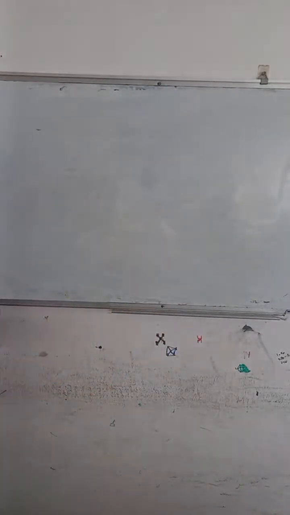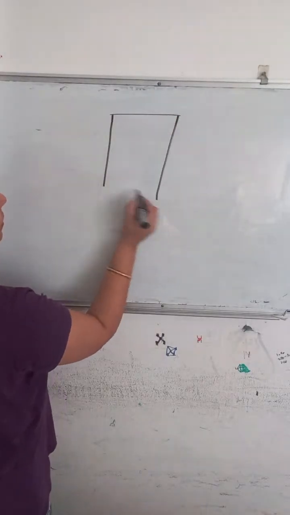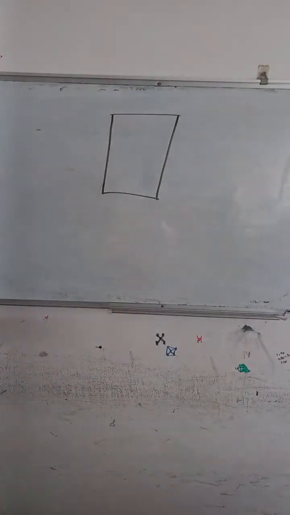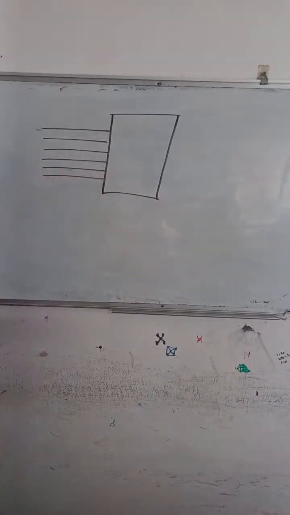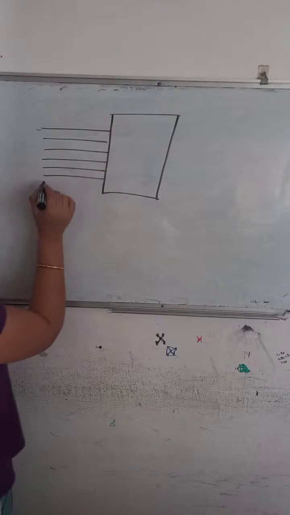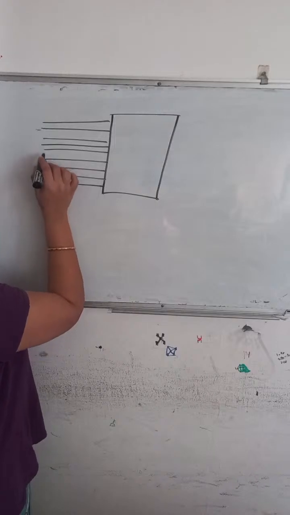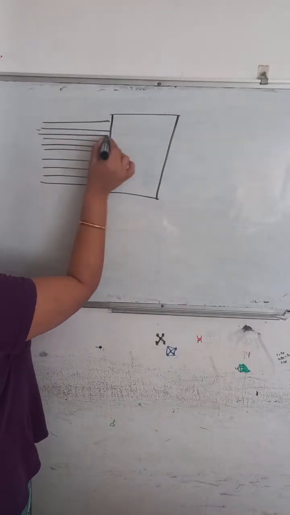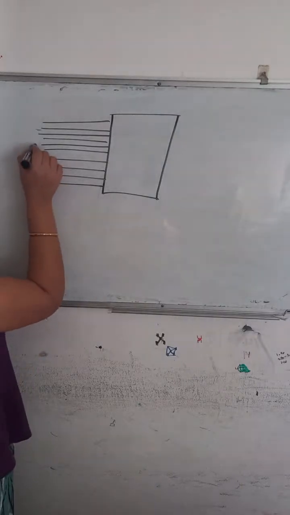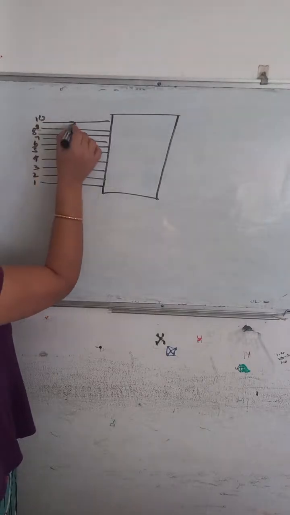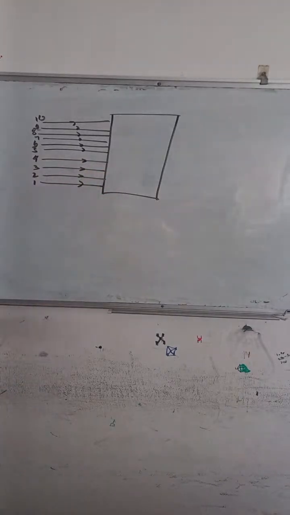And here a diagram is given. Draw the diagram here. Total 10 lines are there: 1, 2, 3, 4, 5, 6, 7, 8, 9, 10. And these rays are entering into this given box.